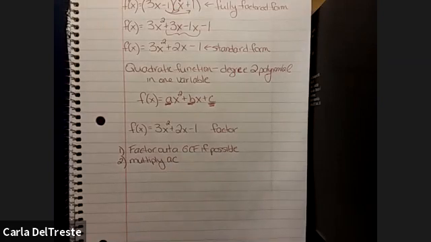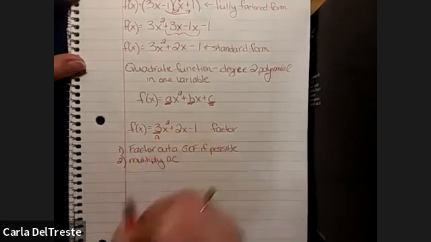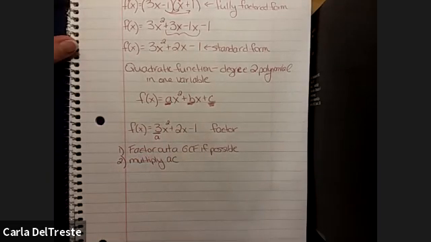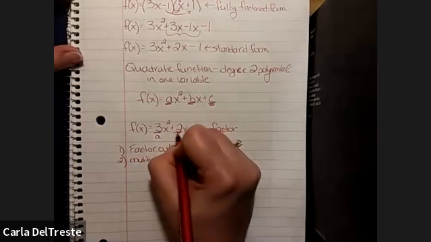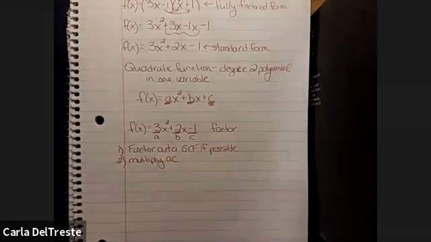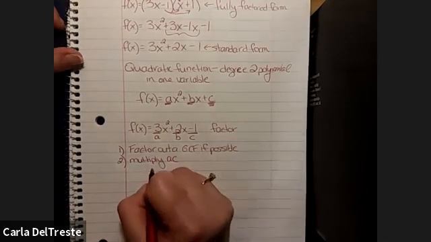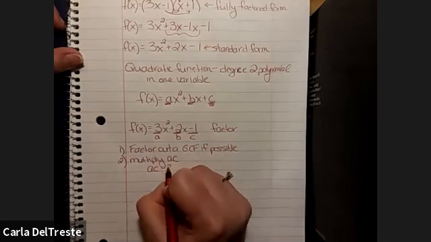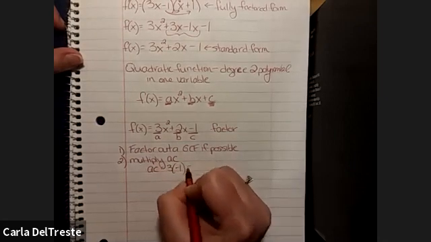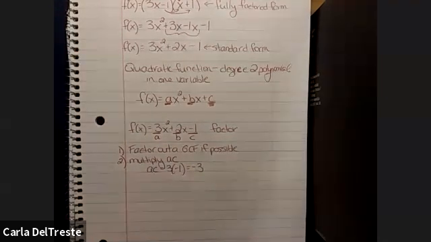That implies that you know your A, B, and C. So A is always with the x squared, that's your leading coefficient. B is always paired with x, and C is always your constant term. So in this example, AC would be 3 times -1, which is -3. So that's step number 2.